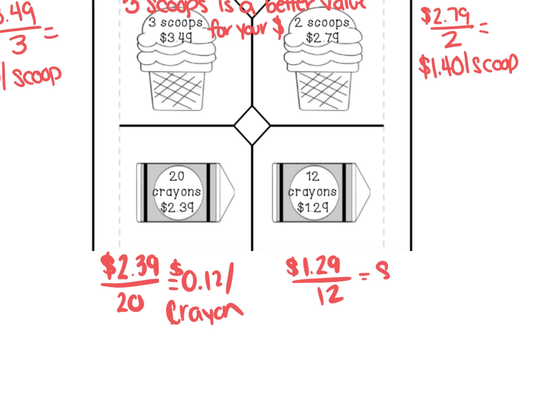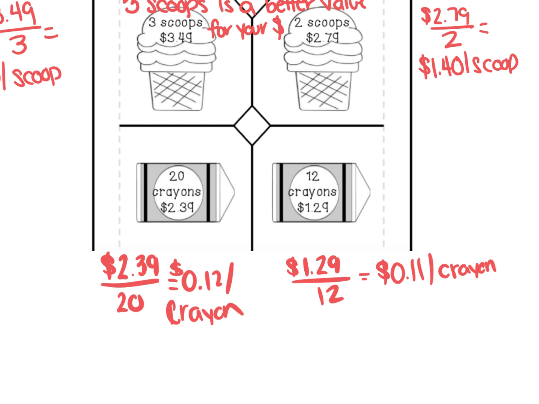11 cents per crayon. Okay, so this is our first example where the smaller packaging is actually the better deal, right? So Jonah, you're right when you said that it seems like the bigger package is always cheaper. A lot of times, like if your parents shop at Costco or Sam's Club, those kind of bulk places, they sell bigger size packages of things, and a lot of times that is cheaper, but the bigger size packaging isn't necessarily always cheaper.